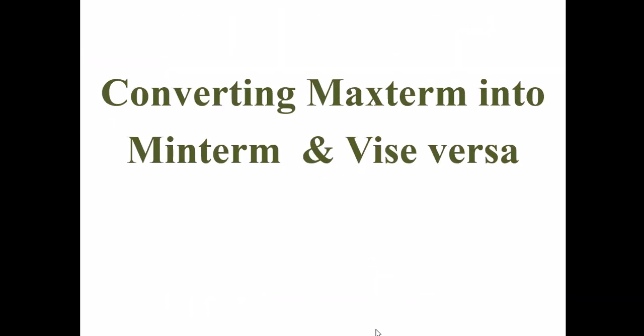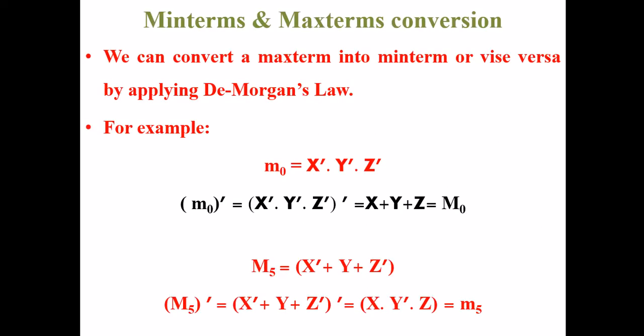Now conversion of max term into minterm and vice versa. Now you need to apply De Morgan's law. For example, m0 is the minterm x complement dot y complement dot z complement. If we apply De Morgan's law here, then m complement is equal to x complement dot y complement dot z complement, the whole complement.